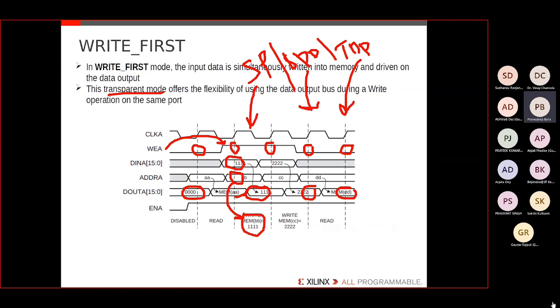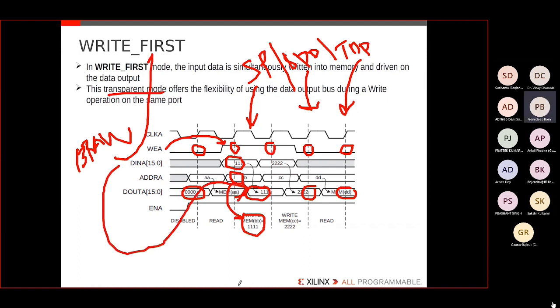But in Xilinx block RAM, using write first mode, I can make the data come out at that clock instant only, because that particular port is working in write. It can be single port, true dual port or simple dual port, but that particular port can be configured as write first mode. Yes, sir. Fine? Yeah.